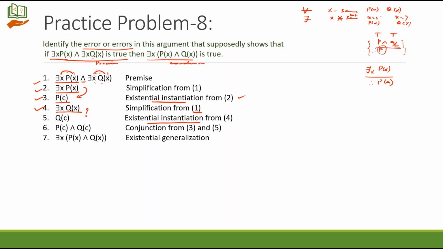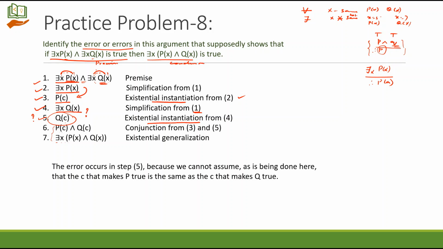Is there any guarantee? No. So here there is a possibility of error. When you take this P of C and Q of C, you can combine them under the conjunction rule using steps 3 and 5. Then when you apply existential generalization, you can convert this to P of x and Q of x under existential quantification. These two are fine, but the only thing is, will this be the right step?